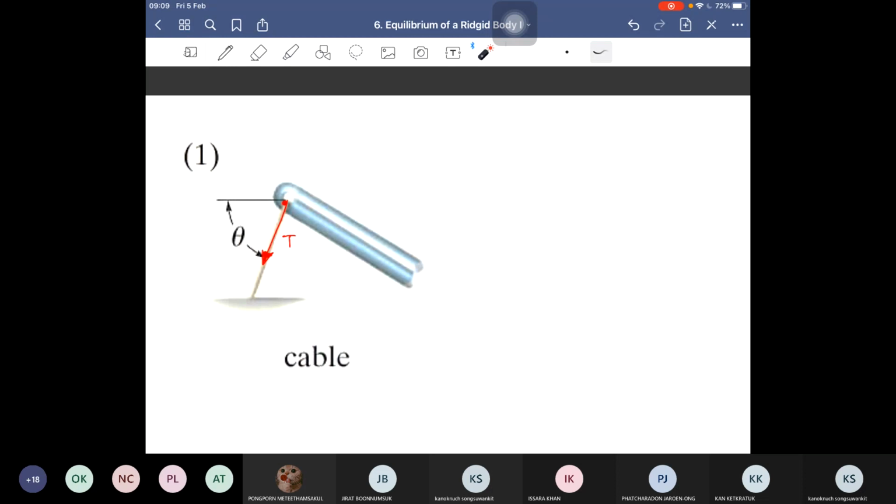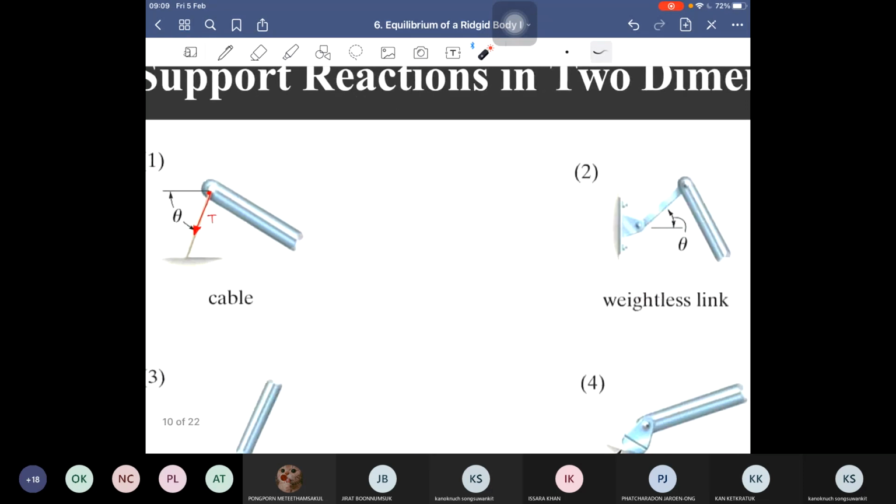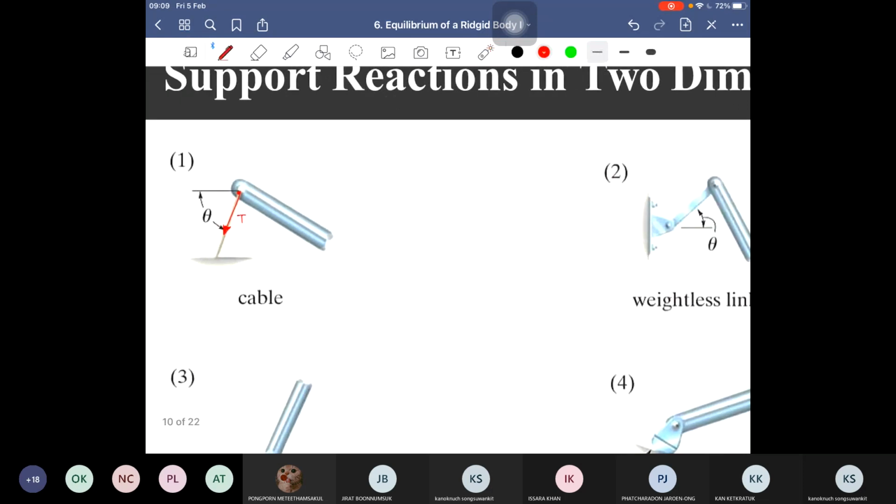So it will always act away from the member in the direction of the cable. Okay, only one direction. So for the free body diagram, okay, we have these figures.